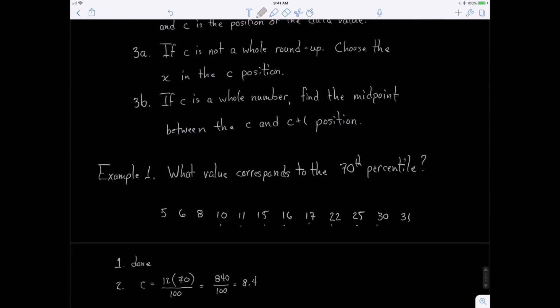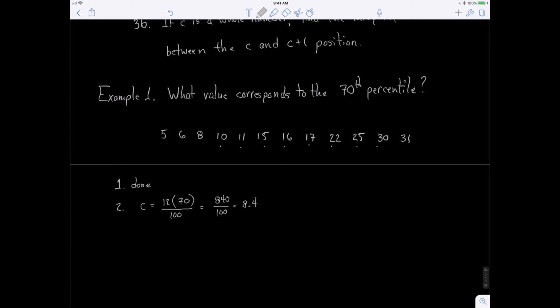It says if C is not a whole number, round up. C in our case is a decimal, so we're going to use C equals 9.